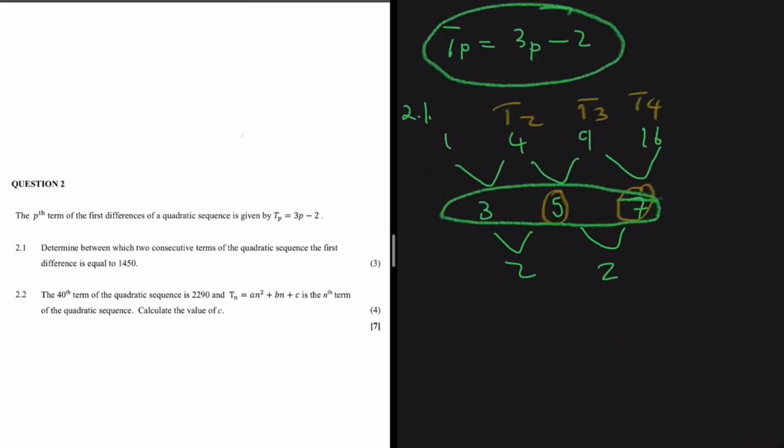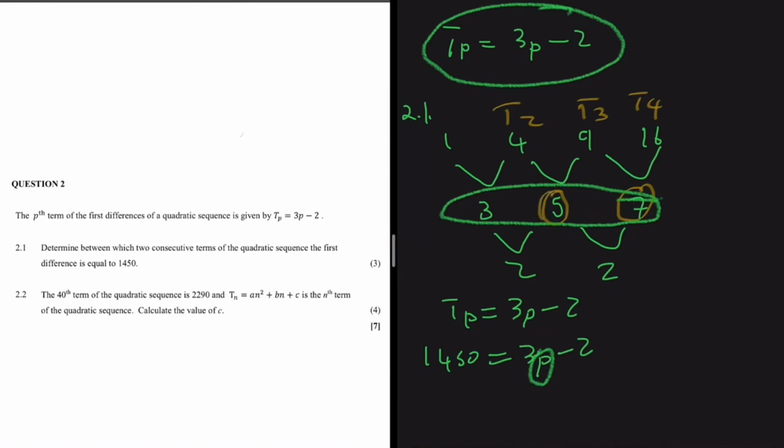But here we have an equation for the first differences instead. We have Tp is equal to 3p minus 2, right? And then we know that the term we're looking for is 1450, which is equal to 3p minus 2. So if we solve for p, then we're gonna know which position that term lies in, right?